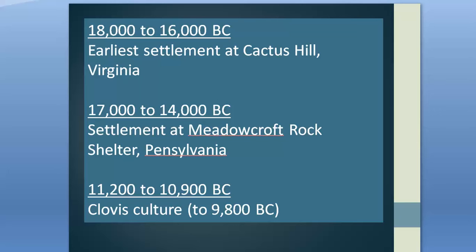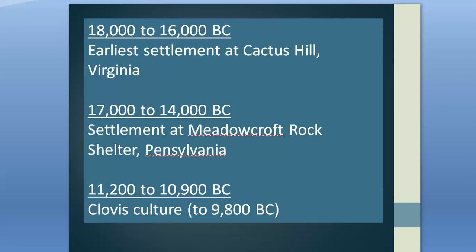Another site associated with these first humans in North America is to be found at Meadowcroft Rock Shelter in Pennsylvania. Meadowcroft Rock Shelter is a natural formation below an overhanging cliff that has yielded pre-Clovis remains found 11.5 feet underground, including tools such as bifaces, bifacial fragments, lamellar blades, projectile points and chipping debris.